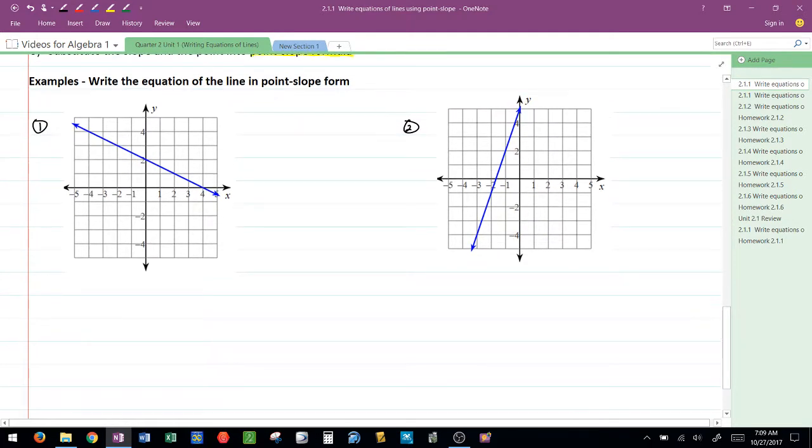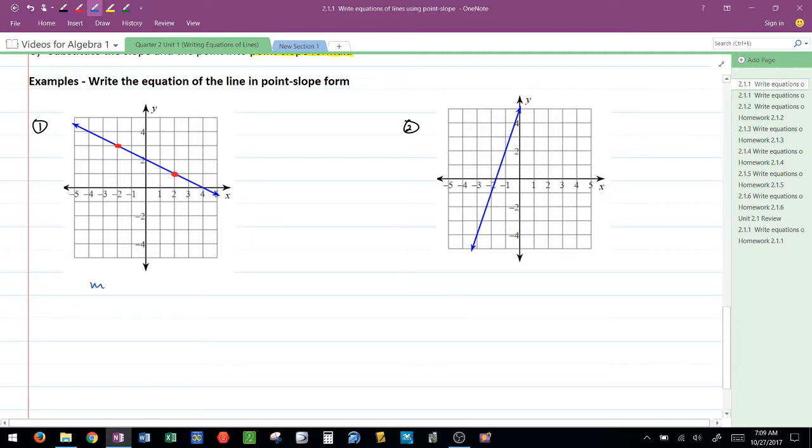All right, so let's look at this first graph. Now, I'm going to choose this point and this point. Now, I would not have chosen this point right here because I don't know its exact location. It's kind of floating in between the crosshairs, as I call them, okay? All right, first thing I need to do is find the slope.